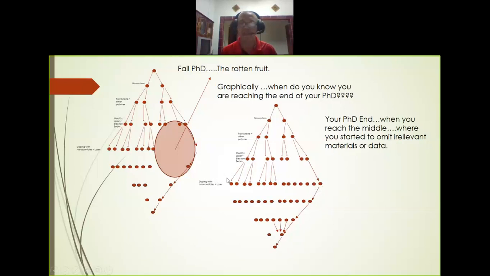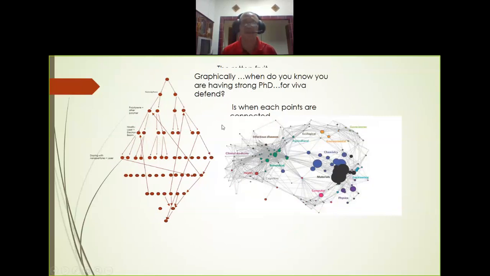In the middle game, meaning that if in your middle game you don't have so many things happening, you need to realize that you are going to have the rotten fruits of a failing PhD. Okay, so that's how simple it is.